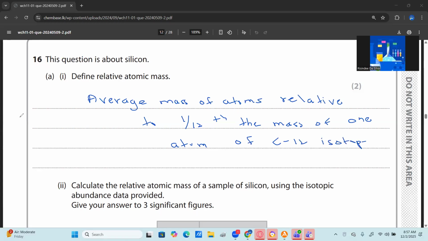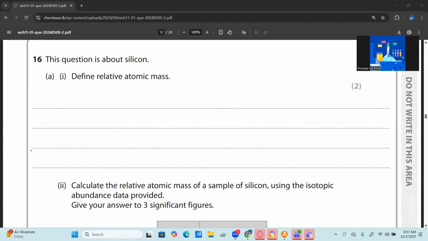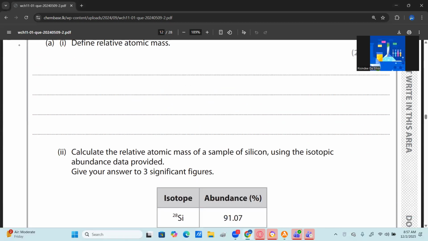So they have given marks for mentioning about the average mass of atoms and for writing about 1/12 of mass of atom of carbon-12 isotope. That's how you get the 2 marks.